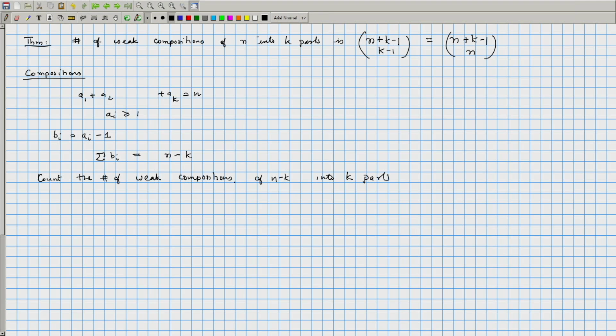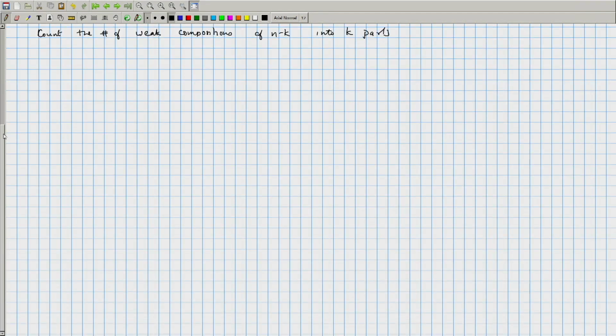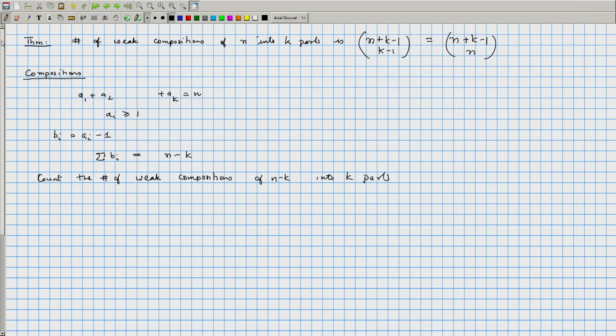Okay. So, look at a weak composition of n minus k into k parts, and for each part of the composition, if you add 1, what you will get is a composition of n. And if you have a composition of n, you can convert that into a weak composition of n minus k. So, their numbers are equal.